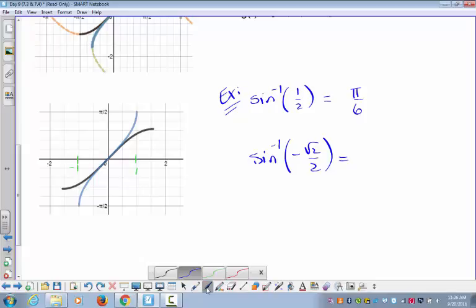We can't spin around and go 7 pi over 4. That's not between -pi over 2 and pi over 2, even though in standard position, 7 pi over 4 brings you to the same place. It's coterminal. But if we're going to stay between -pi over 2 and pi over 2, we would do -pi over 4. That is the angle that's restricted to the right side of the circle.